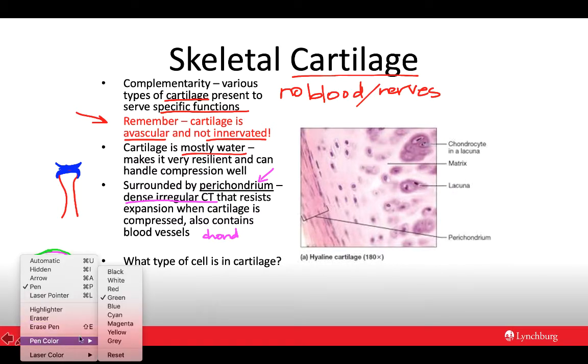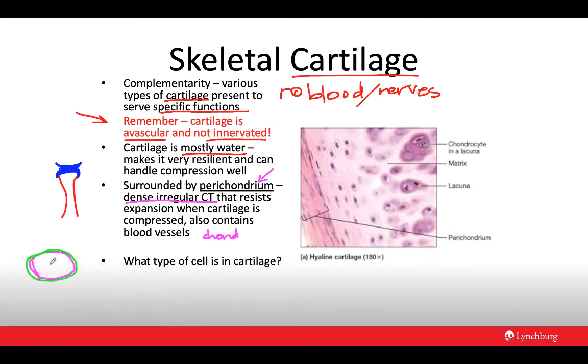So what ends up happening is as we compress those intervertebral discs and we have force exerted on them, that perichondrium along the outside is going to help to hold that disc material inside it. So it resists expansion when the cartilage is compressed. So that perichondrium is really dense and thick.